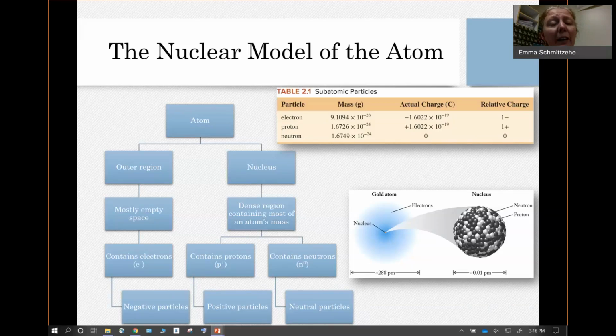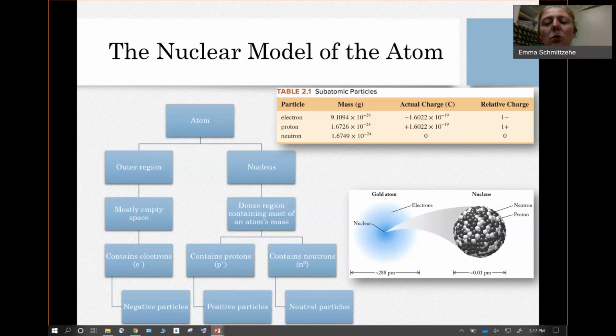If you take away an electron from an atom, the mass wouldn't change very much; it would be negligible. Whereas if you take a proton or a neutron away, there would be a significant change in the mass. That's important to realize.